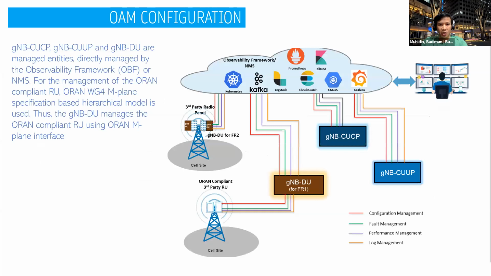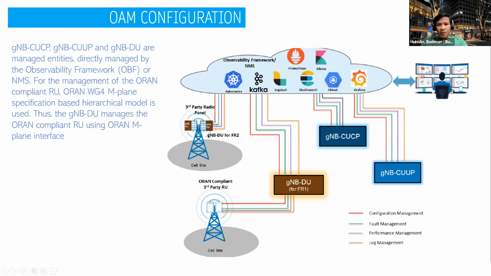Review about the OM configuration. If you can see here, the OM configuration, this is also applied for 5G in our network in Rakuten. All are handled by cloud network, where we have Kubernetes, Kafka, Grafana, and CMAS, and everything is automated and virtualized, and we cannot see any hardware on it.